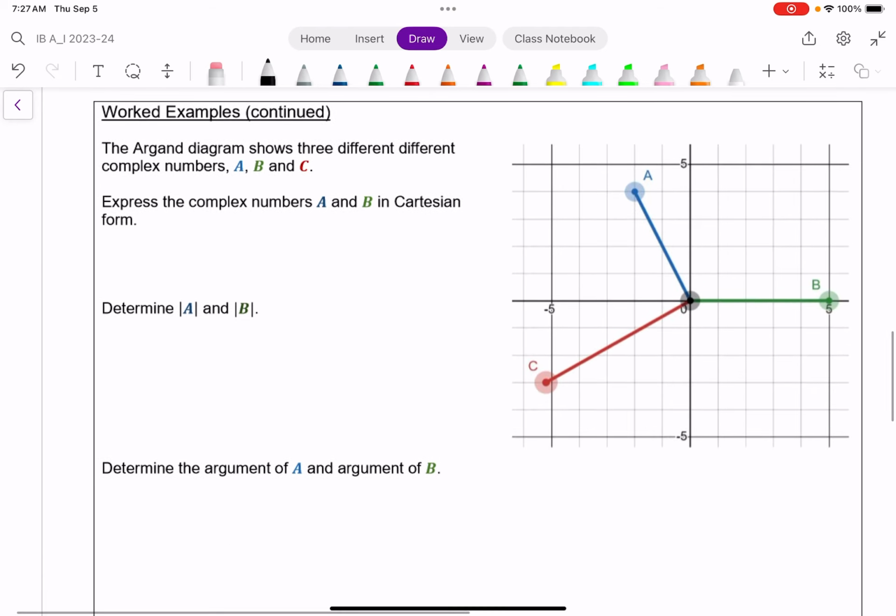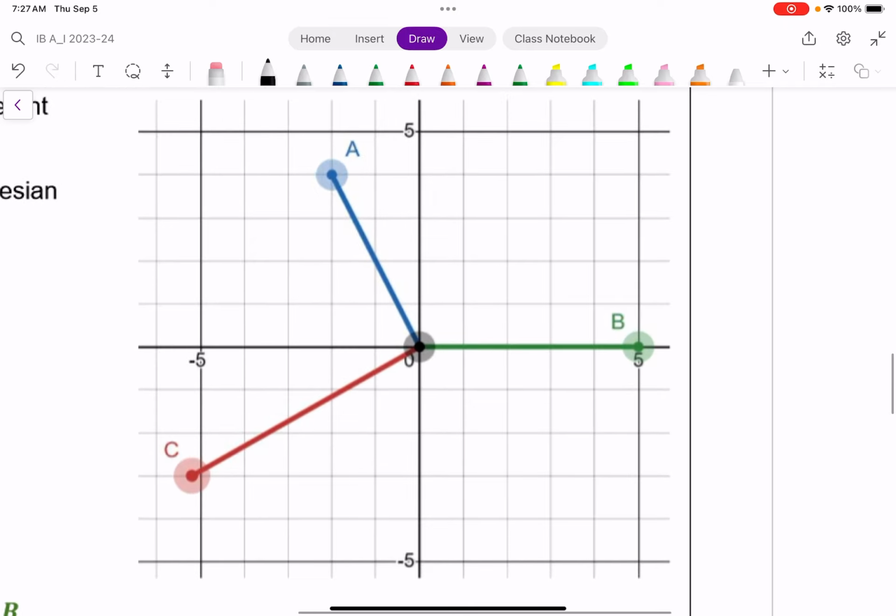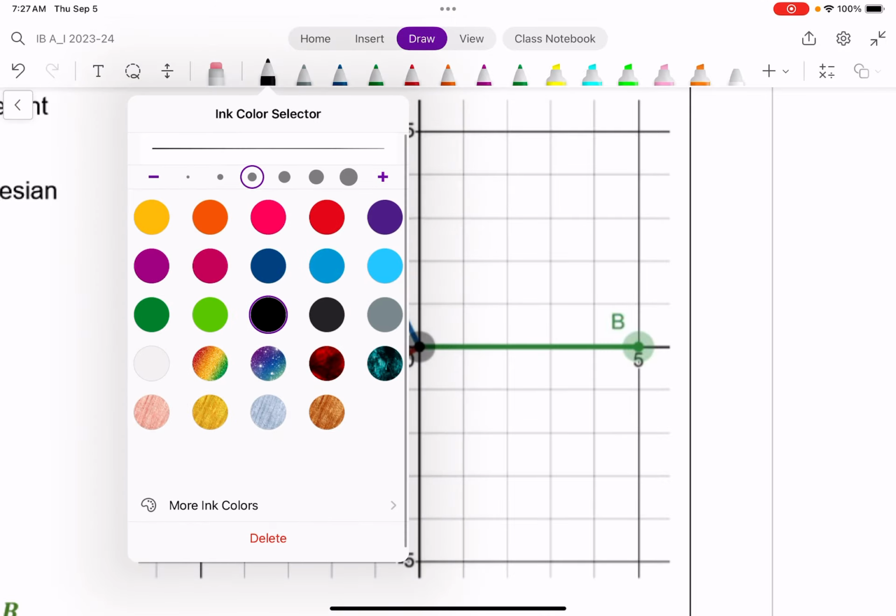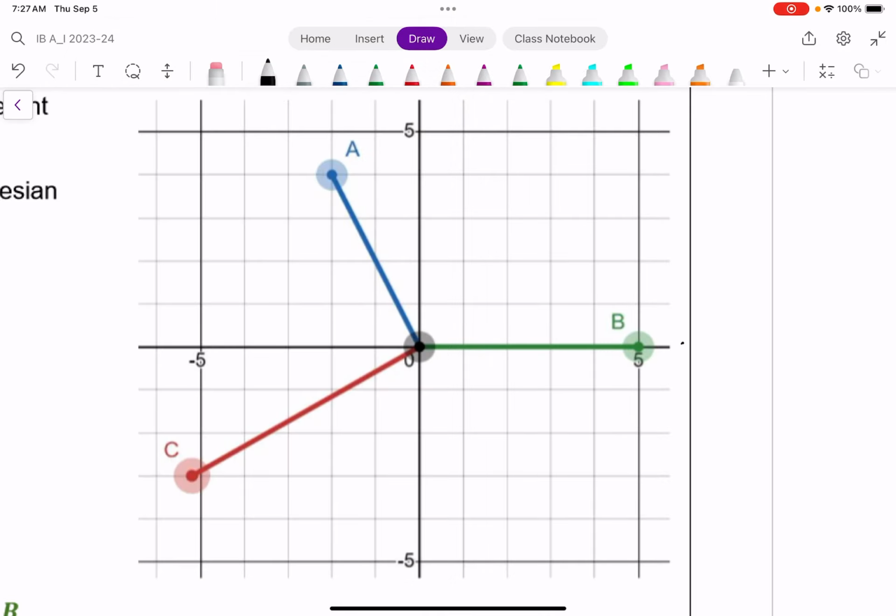All right, so the main thing I want to talk about in this lesson is an Argand diagram, which is another way of visualizing a complex number. In an Argand diagram, we visualize a complex number as a vector on a two-dimensional plane, where the x-axis represents the real numbers. Actually, I'll just write Re.